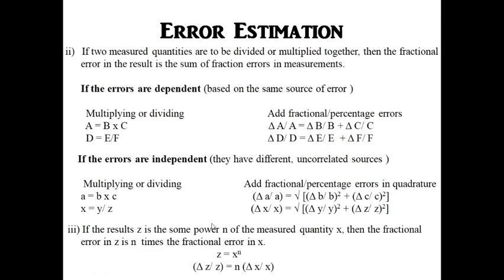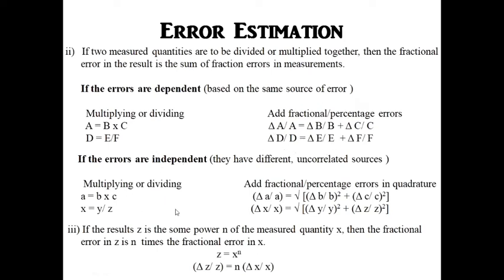Now, if two measured quantities are to be divided or multiplied together, then the fractional error in the result is the sum of the fractional errors in the measurements. In the previous case, for addition and subtraction, the absolute error is important, but in the case of multiplication and division, the fractional error is important. Here I am giving two examples: if the errors are dependent, you simply add the fractional errors like that.